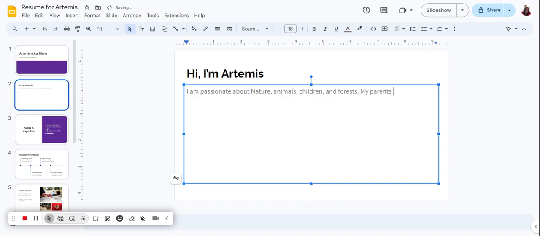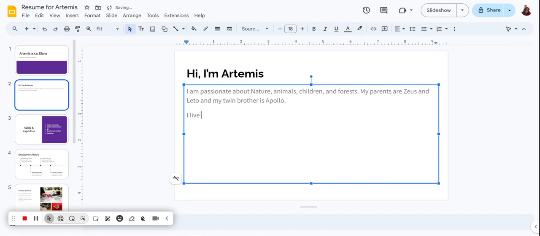My parents are Zeus and Leto, and my twin brother is good old Apollo. Other information, maybe where she's from.